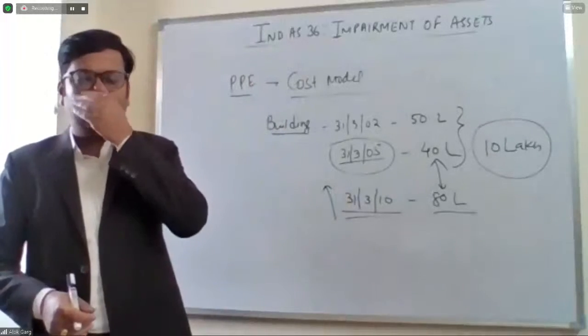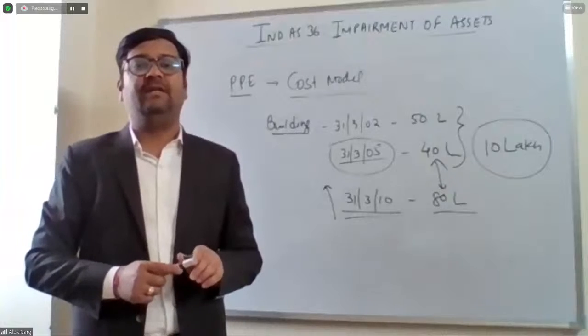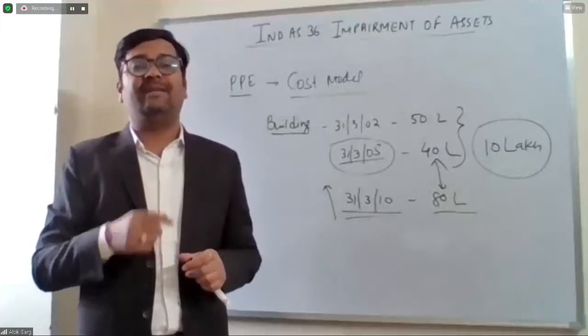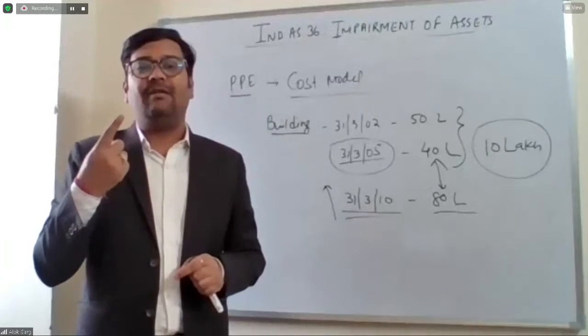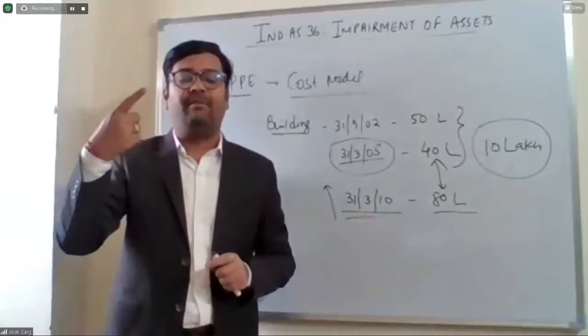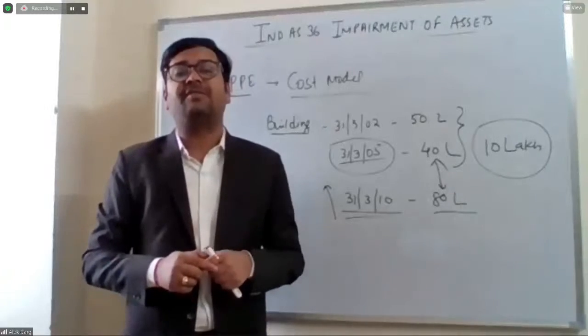So friends, if the interest rate goes down, in this case the value in use will go up. So a decrease in interest rate is a reversal indicator of impairment, which is an external indicator.